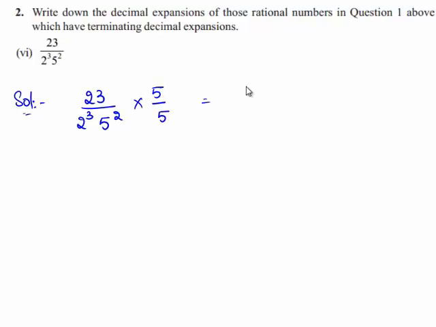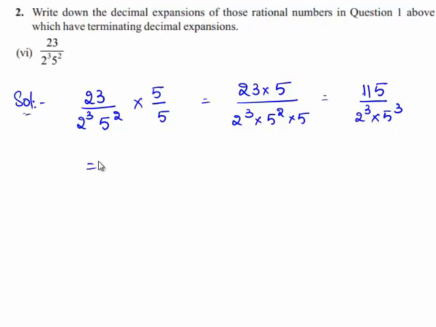So now we get 23 times 5 upon 2 cube times 5 square times 5. 23 times 5 is 115 by 5 square times 5 is 5 cube, that is 2 cube times 5 cube. This implies 115 by 2 cube times 5 cube is 10 whole cube.